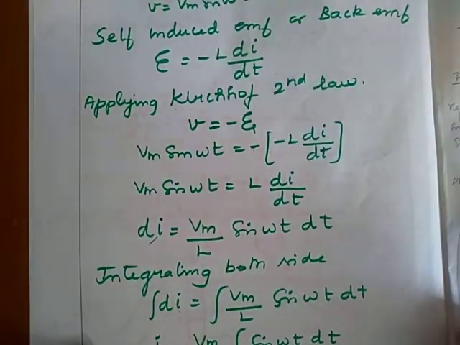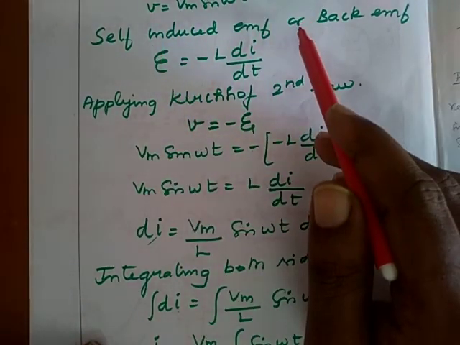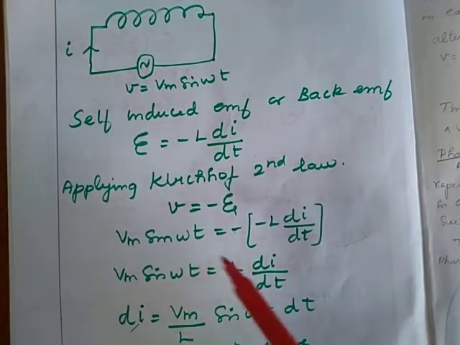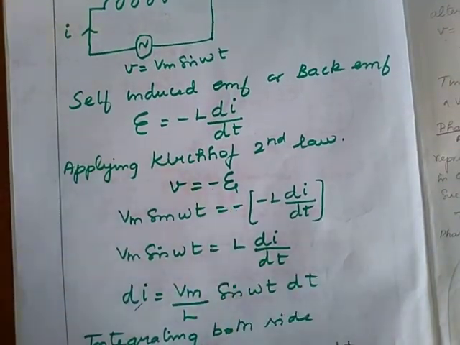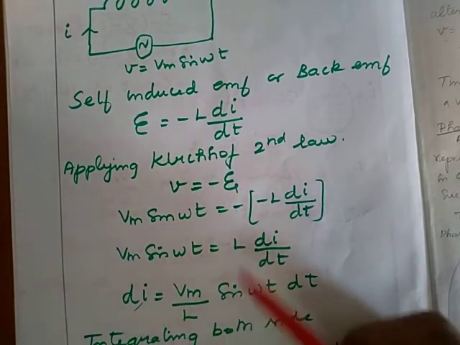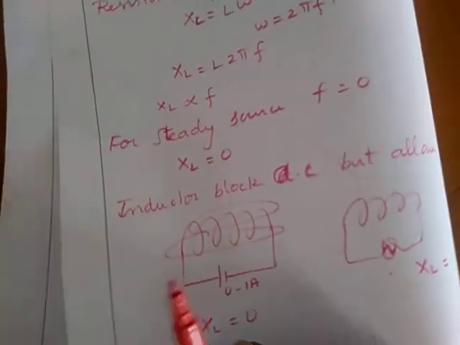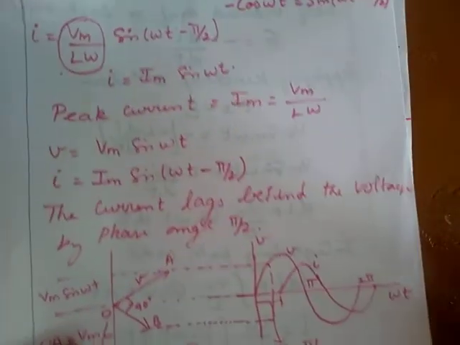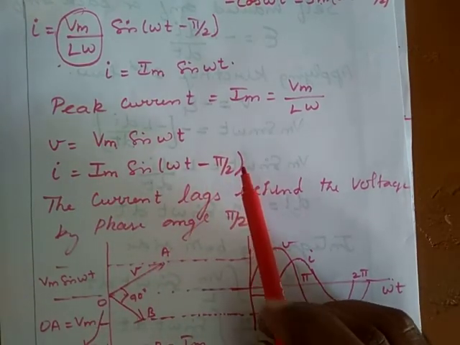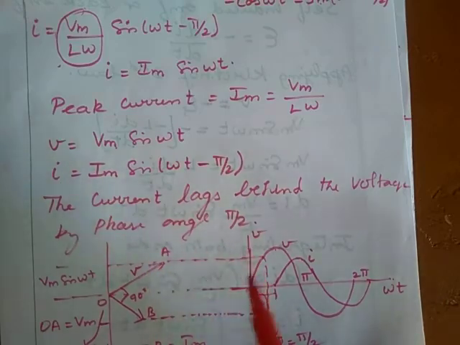Then next, in an inductor circuit, the only difference is the induced EMF that opposes the cause responsible for its production. So here I am putting the minus sign. For that case I am applying the rules. Then I found that the current I is equal to Im sin omega t minus pi by 2. This shows the current lags the voltage by phase angle pi by 2 in an inductive circuit.